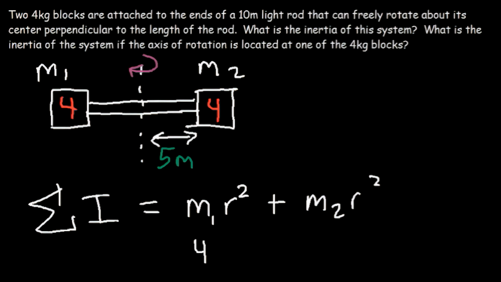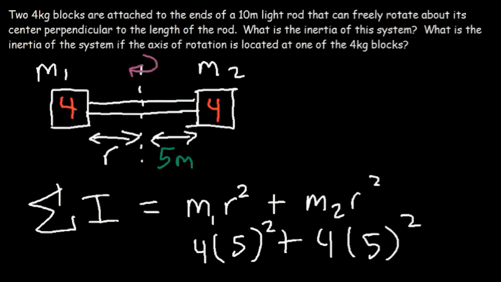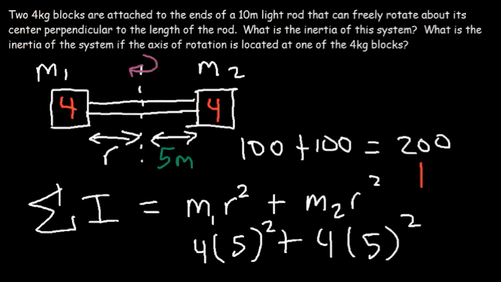So it's the 4 kilogram mass times an r value of 5 meters. That's the radius, or the distance between the mass and the axis of rotation. 5 squared is 25. 25 times 4 is 100. So it's 100 plus 100. So the inertia of this system is 200 kilograms times square meters.